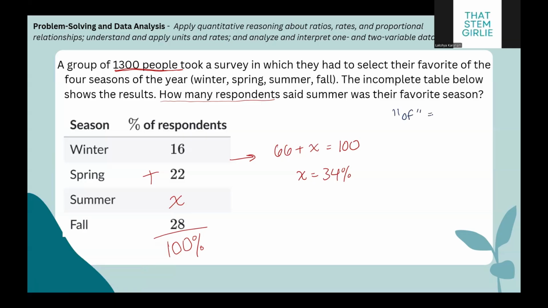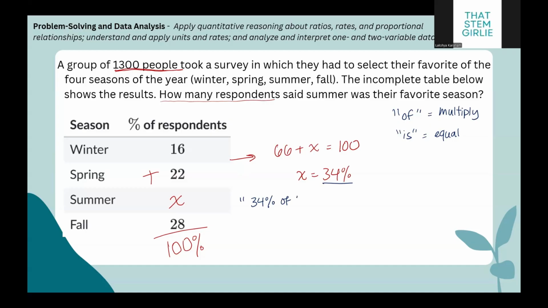When you say that something was some percent or some fraction of a quantity, that means you want to multiply them. And then when you see the word "is," that means you want to put an equal sign there.